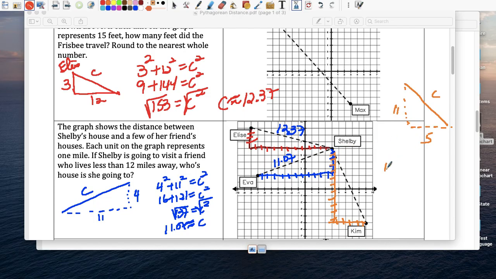So 11 squared plus 5 squared equals c squared. 121 plus 25 equals c squared. 146 equals c squared, square root of both sides, and we get that c is approximately 12.08. Oops, just a little too far for Shelby. So Shelby, this is 12.08, which means that Shelby is only going to visit Ava.